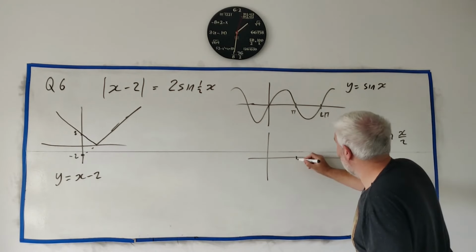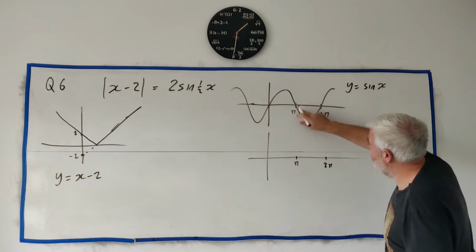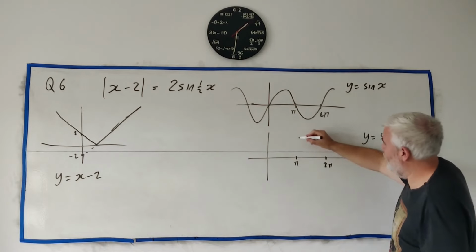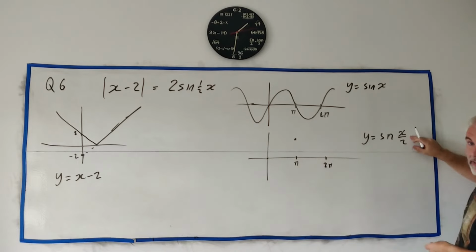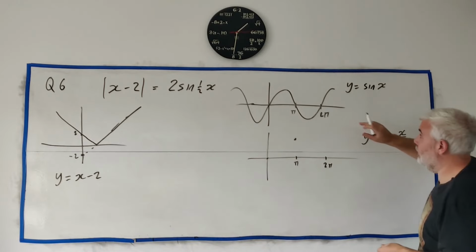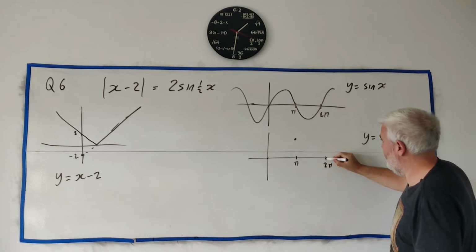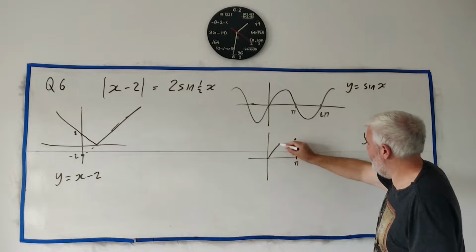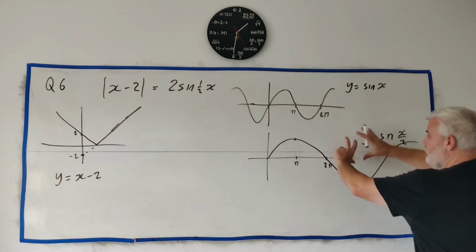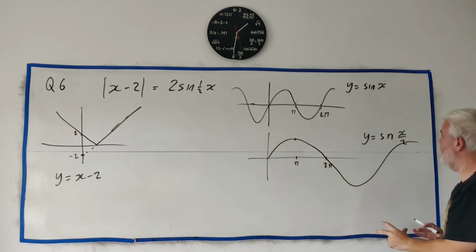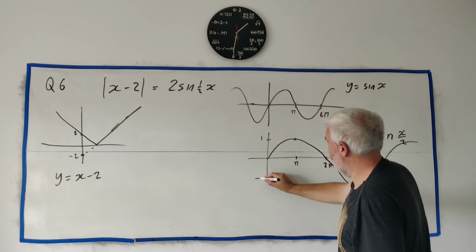If I put 2 pi into this, 2 pi divided by 2 is pi. And that gives me sine of pi, which is, as you can see up here, 0. You could check other numbers in between, but what you get is something like this. It's much more stretched out, and this goes up to the value of 1 and down to the value of minus 1.